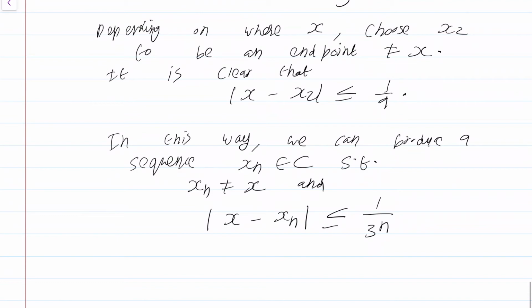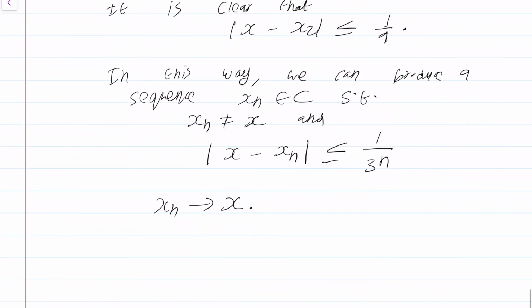In short, xn converges to x. So we have found this sequence xn in C such that xn is never equal to x and mod x minus xn will always be less than or equal to 1 by 3 power n, which is just saying that xn converges to x.